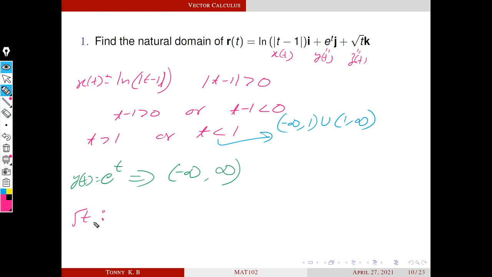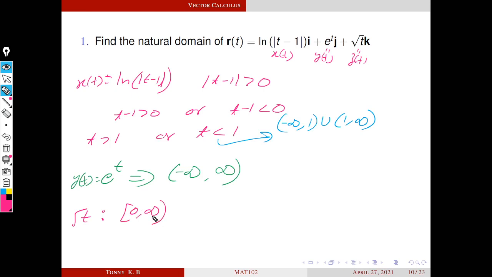We consider only the real case. So in the case of real numbers, the square root of t exists only for t greater than or equal to 0, for non-negative numbers. So the natural domain of square root of t as a real valued function is 0 to infinity. Okay.